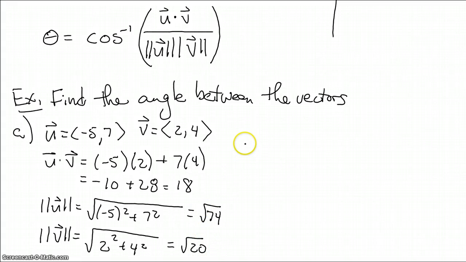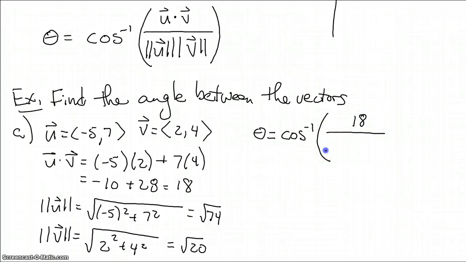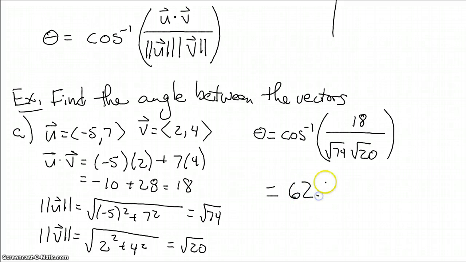So I'm going to take all this and I'll plug it into my formula. So I've got theta is equal to the cosine inverse of u dot v, which we figured out was 18, divided by the magnitude of u, which was square root of 74, divided by square root of 20. Alright, substitute all that into your calculator, take the cosine inverse, and if all goes according to plan, you're going to get 62.1 degrees.